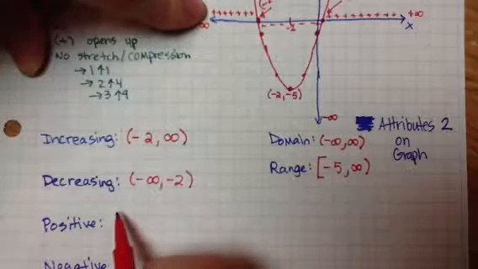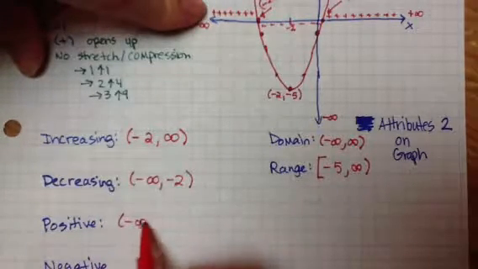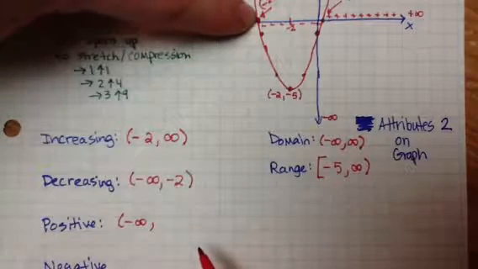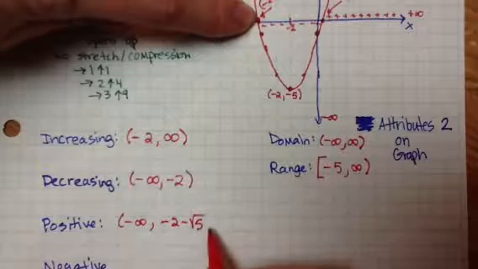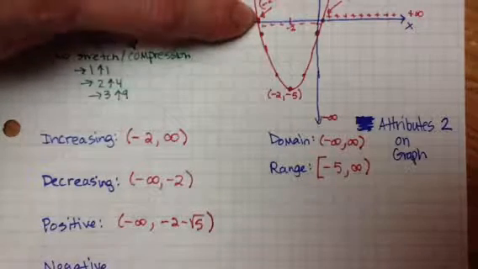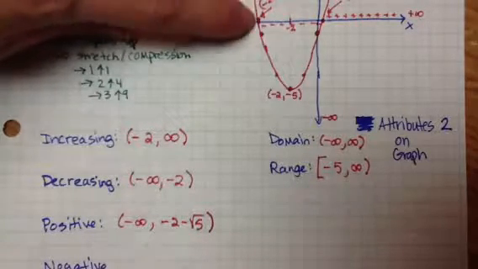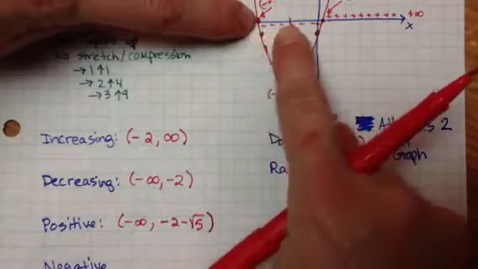So negative infinity on our positive section, up to the last spot it's positive, is just before negative 2 minus the square root of 5, and we give that an open parenthesis. And then at negative 2 minus square root of 5, notice that it starts being negative.